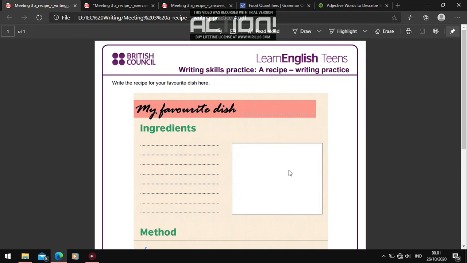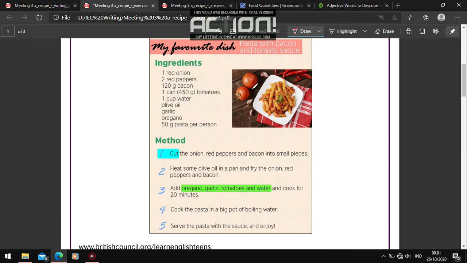Okay, and then you put the picture. Question is where to send it. Once again, you can upload it by using your Instagram, just like last meeting when you introduce yourself. Now I want you to upload a picture of the food. Once again, you upload the picture on your Instagram.